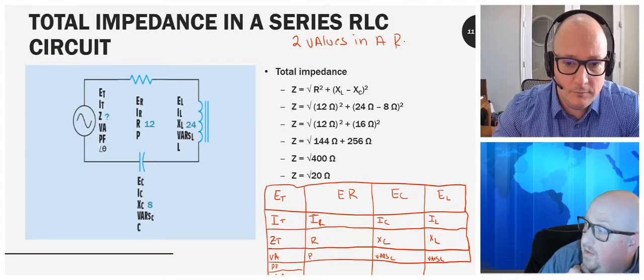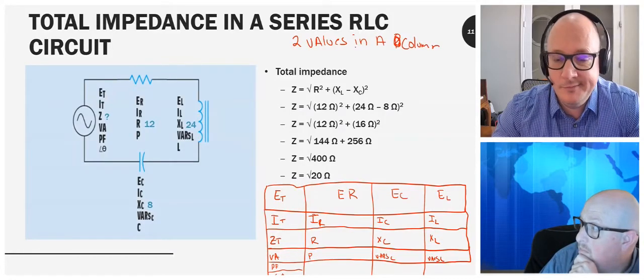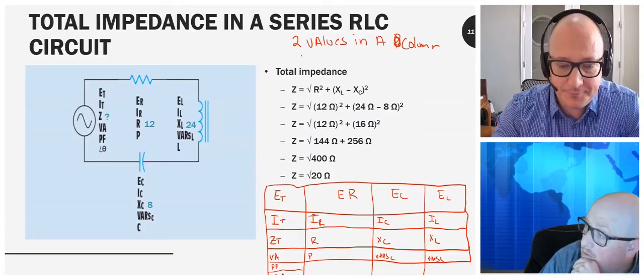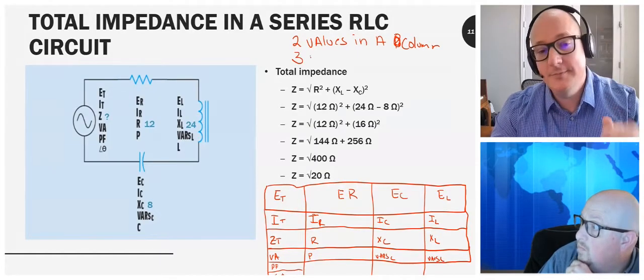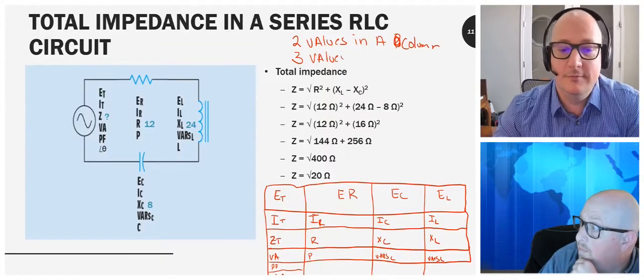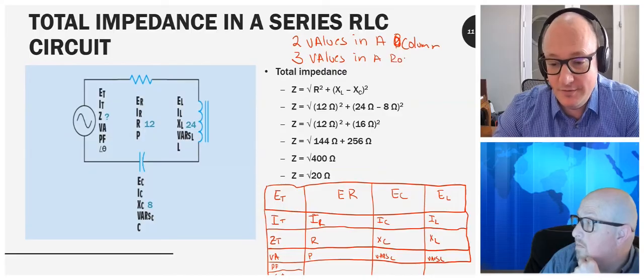And how many in a row? All but one. 3 values in a row, unless you've got more components.